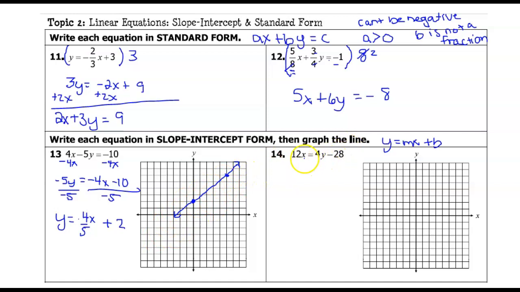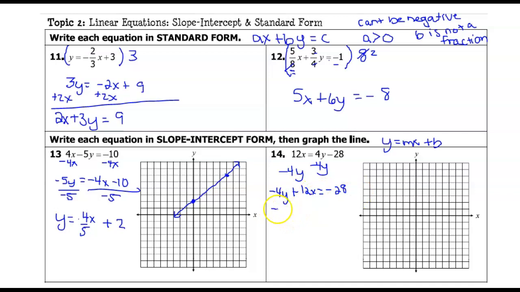Now, let's go to the next one. Again, I want to solve this for y to have it in slope-intercept form. So I'm going to move my y to the left by subtracting 4y. And I end up with -4y plus 12x equals -28. And then I want to move this x over, right?